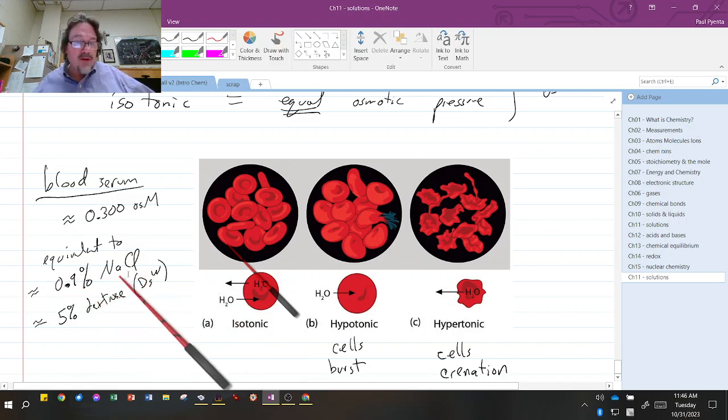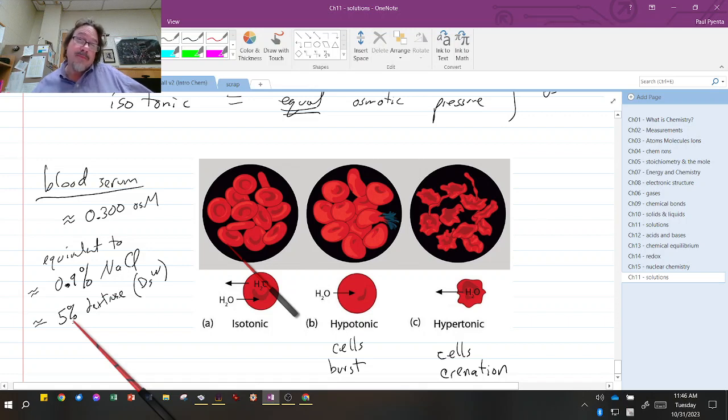That solution would be isotonic, with 0.300 osmolarity, which is again what these cells are at. So 0.9%. If you did it with dextrose, dextrose is again an older name for glucose. It's still used once in a while, but anyway, dextrose, so it's blood sugar, just like glucose is. It's the same thing, just a different name. A 5% solution turns out to be isotonic with it.